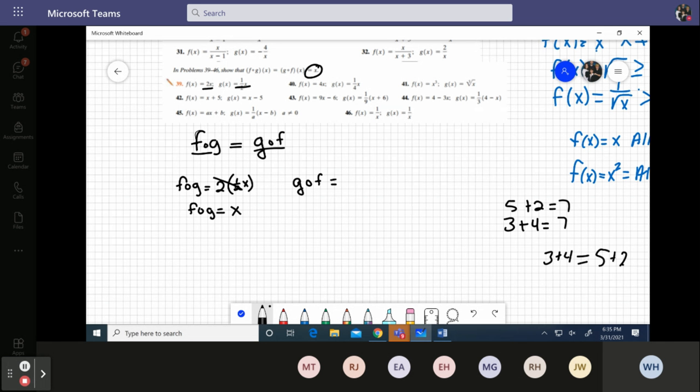That's going to give me 1/2 times the 2x. And they're both going to simplify, so g of f is also equal to x. So since they both equal x, they have to equal each other. And my answer is yes.